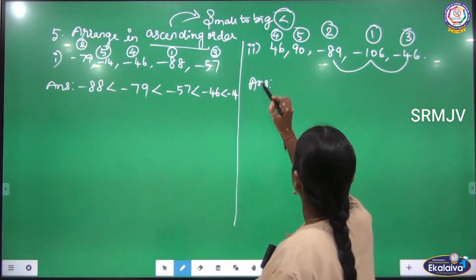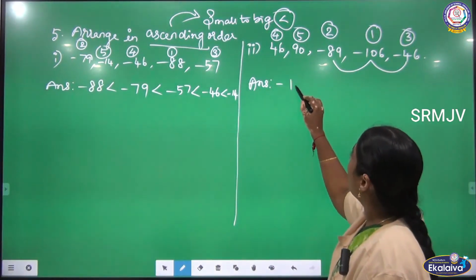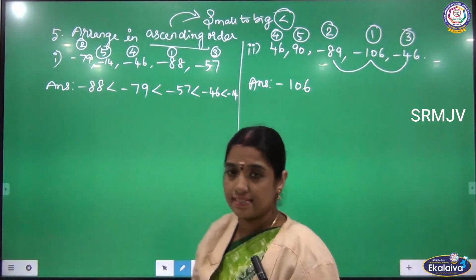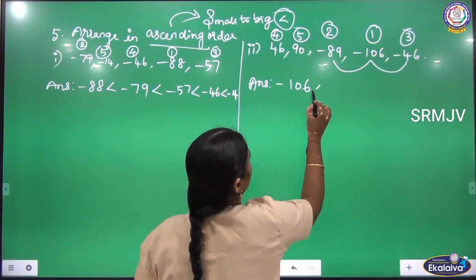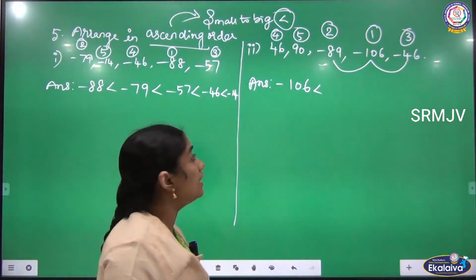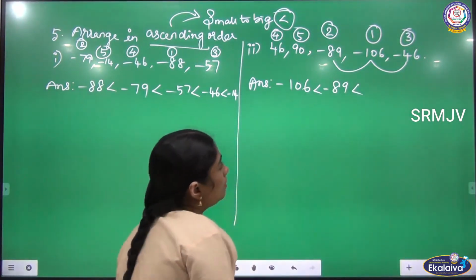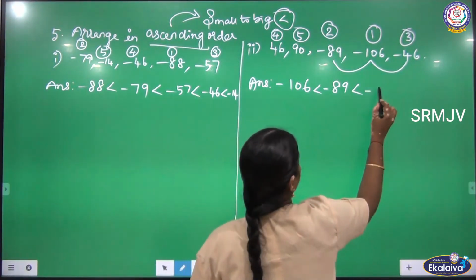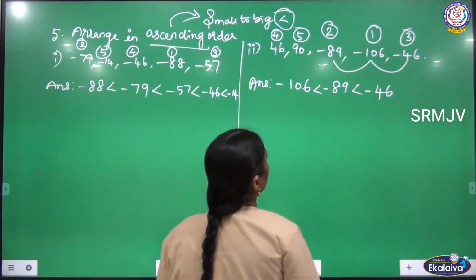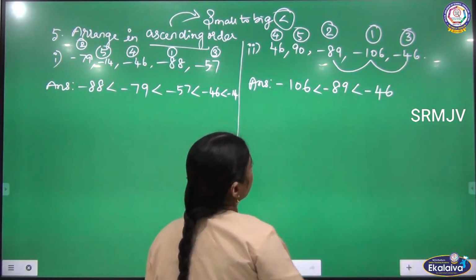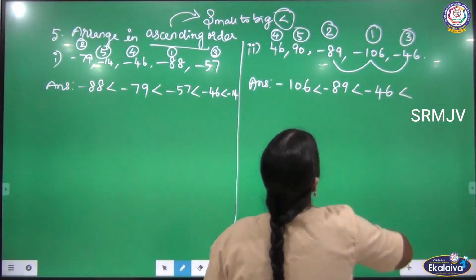Listen, answer. What is the first one here? Minus 106. Got it? And less than, what is the second number here? Minus 89. Third one, minus 46. Okay, next.